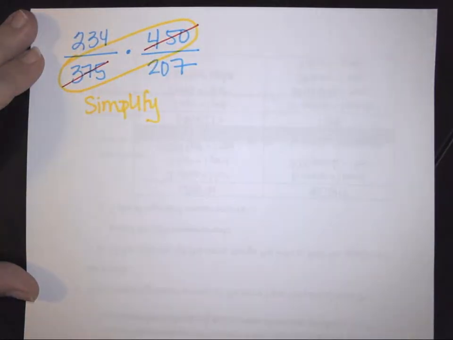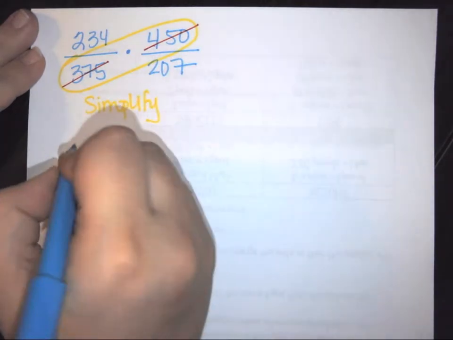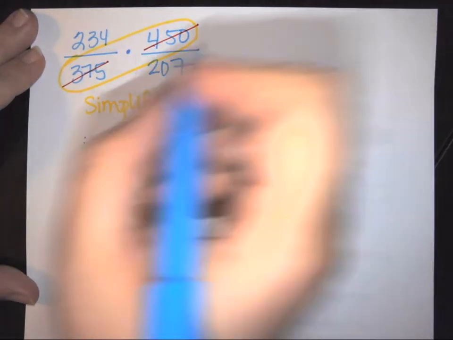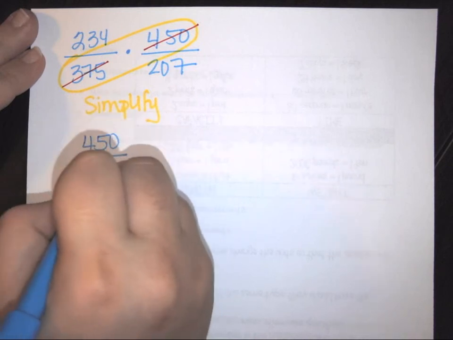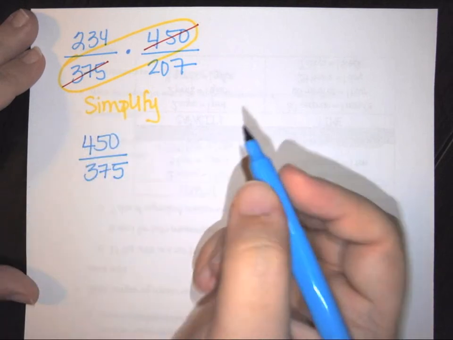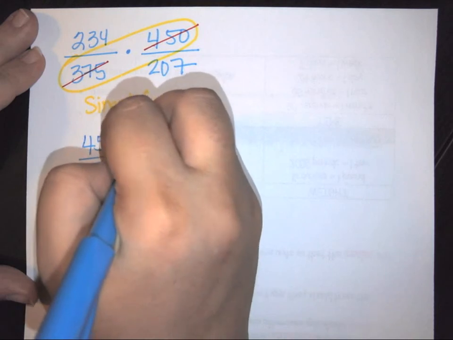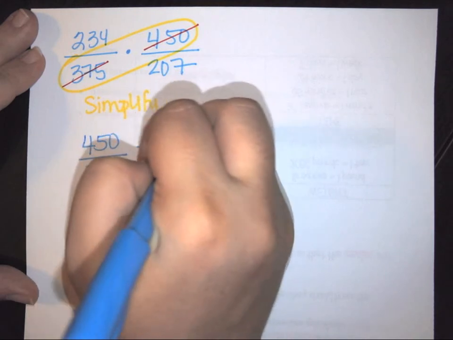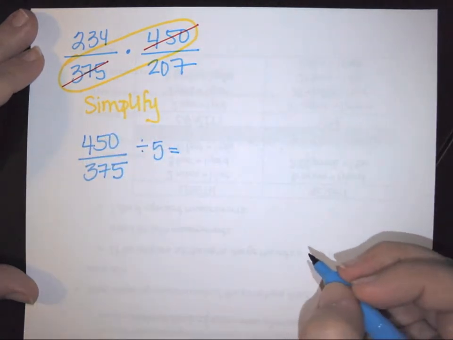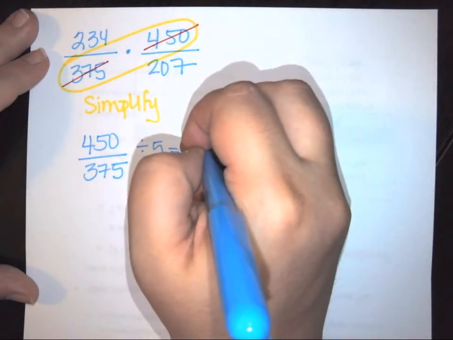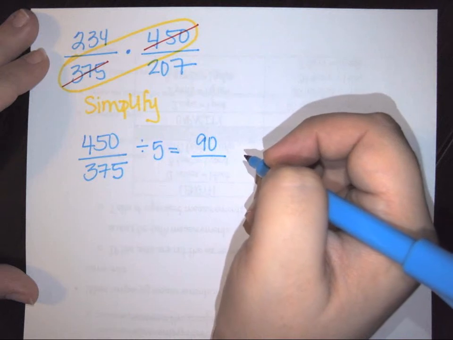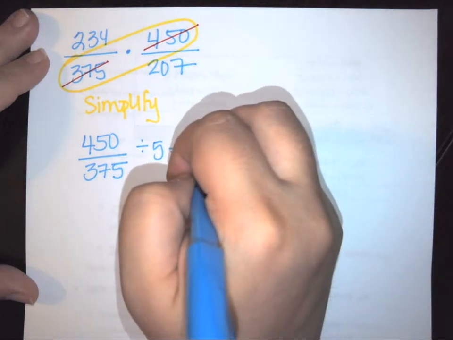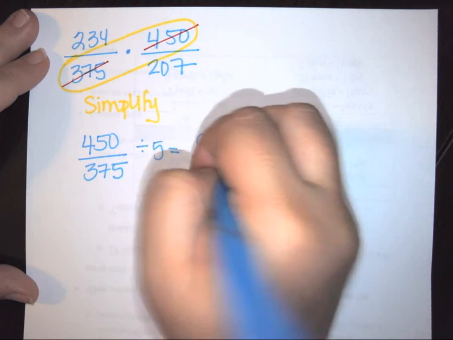So I'm going to look at just that 450 over 375. If I divide this by 5, 450 divided by 5 gives me a 90 on top, and 375 divided by 5 gives me a 75 on the bottom.